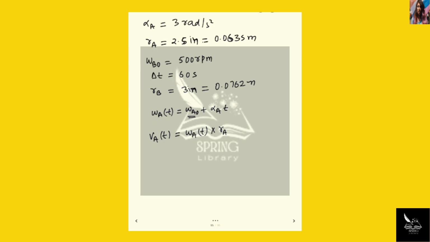Substituting the value of omega A into this equation, we get VA t equals omega A naught plus alpha A multiplied by t, multiplied by RA. So after solving, we get omega A naught RA plus alpha A RA multiplied by t.